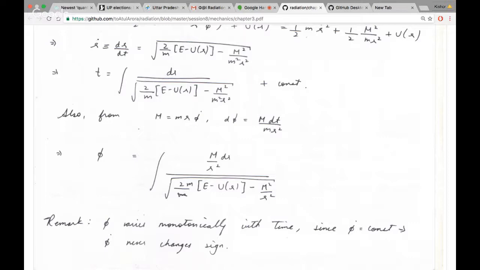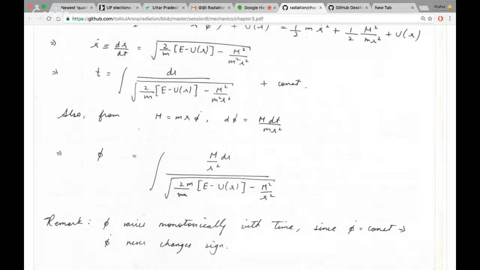I think this was like phi double dot or something. Phi varies monotonically with time, so d phi by dt will be constant. Kishore, I can't hear you anymore. You can't hear me? Now it's fine. Tell me.